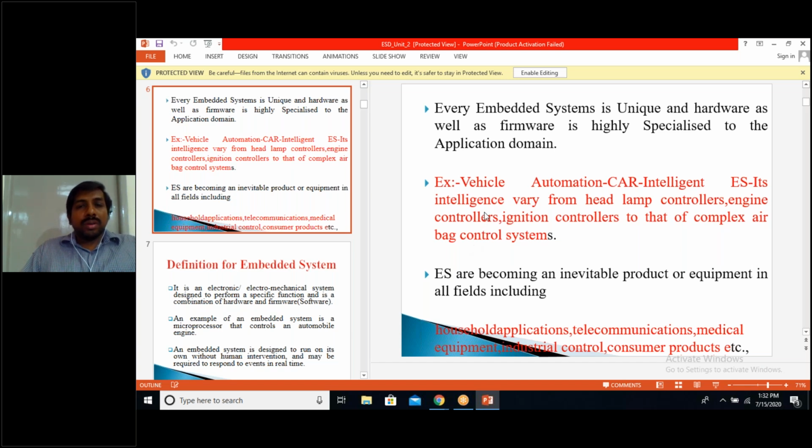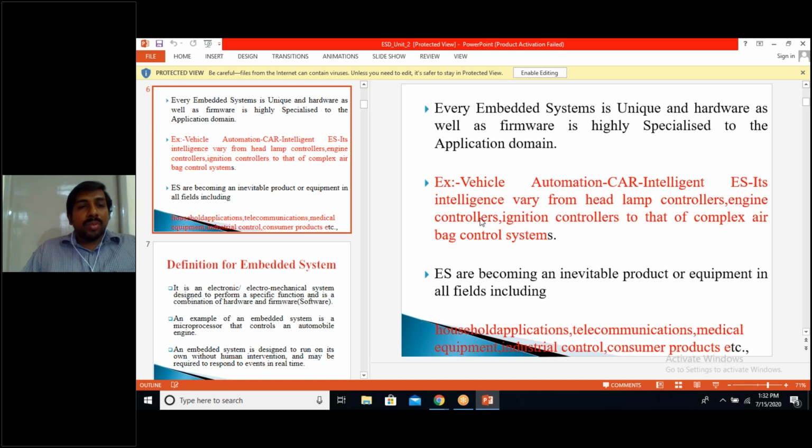So this is one embedded design implemented in our vehicle system. Like that, some other embedded designs are available. Based upon the instructions, the hardware gets actuated, like headlamp controllers, engine controls, ignition controllers. Among those, the first priority is the airbag control system if any accident occurs.